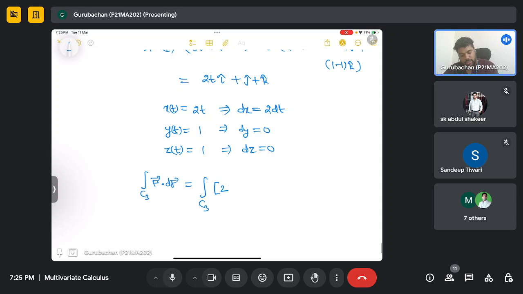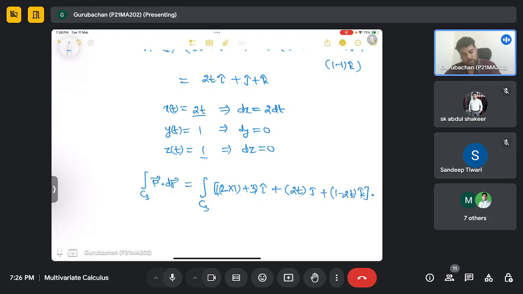2 times y, that means 2 times (1) plus 3, I cap, plus next one is x into z. So x into z is 2t j cap, plus y into z, that means (1 minus 2t) k cap.